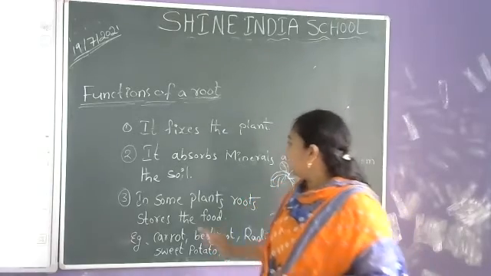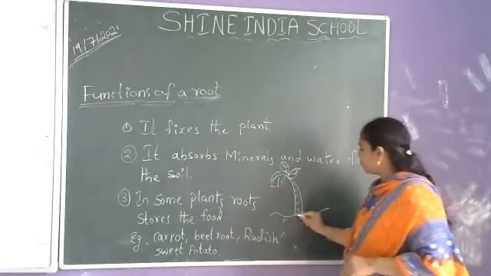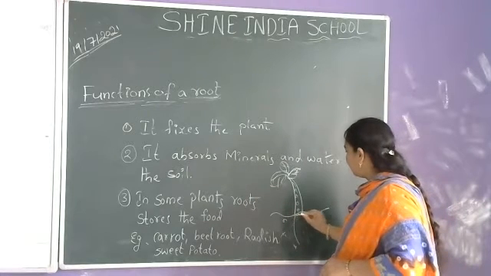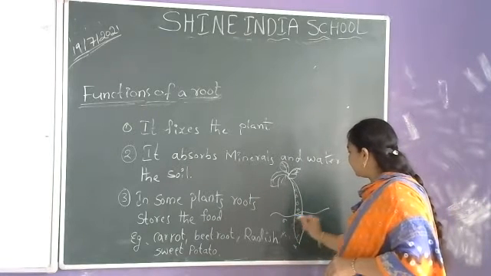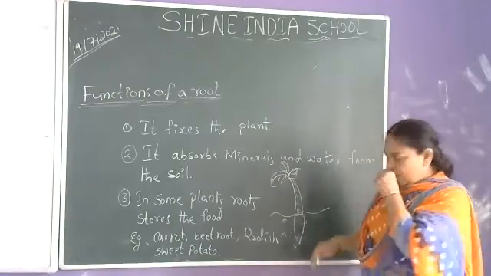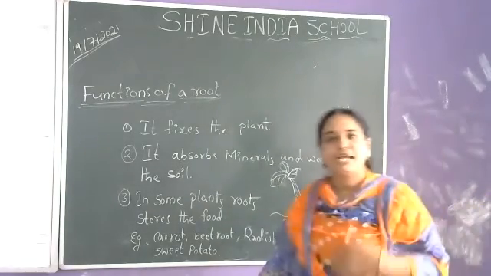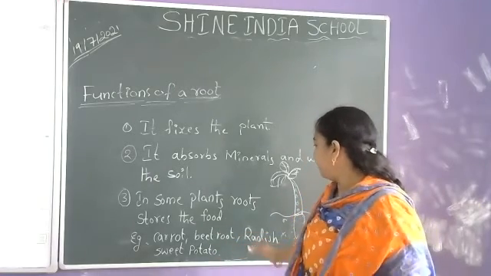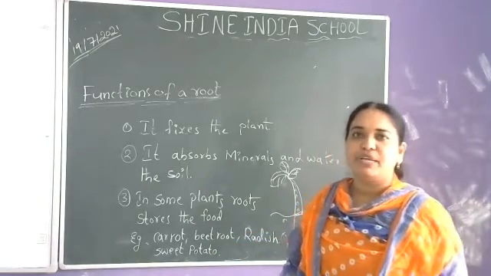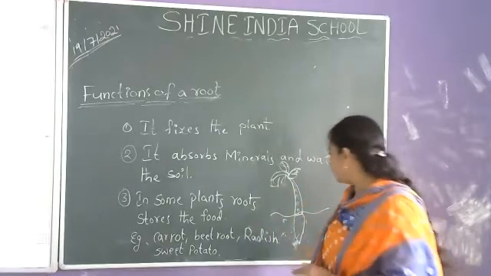So these roots, they store the food. Plant roots store the food we are eating. This root part. In plants, the root, carrot, beetroot, radish, sweet potato, these plants store the excess food in the roots.